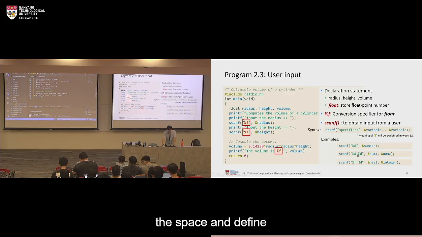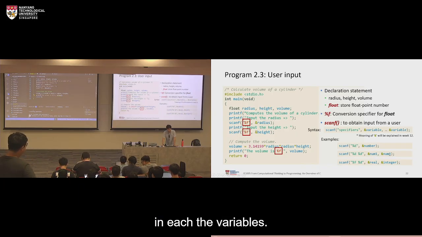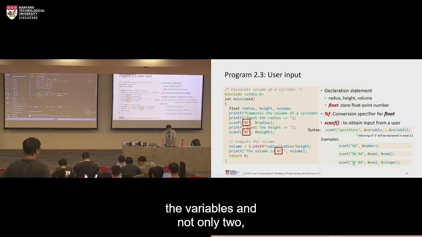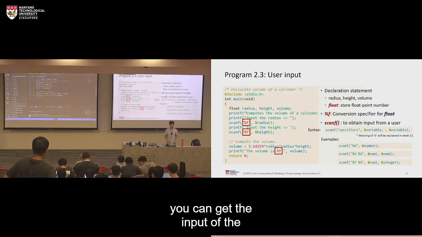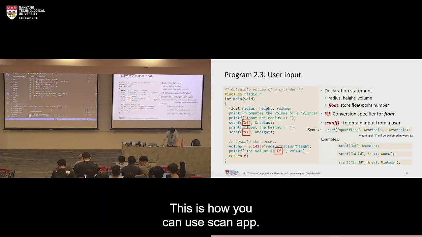When you give a space and define 2 variables, the 2 inputs will be stored in each of the variables. Sometimes you can use different types of variables, and not only 2, you can get the input of 3, 4, 5 variables. Okay, so this is how you can use scanf.